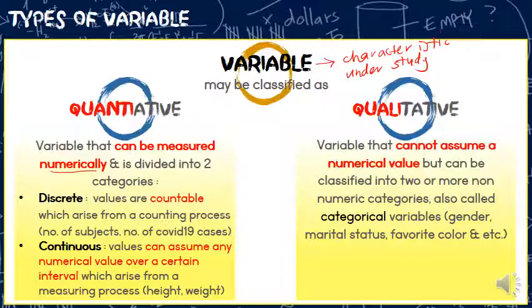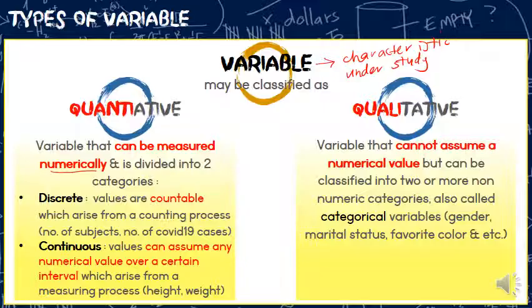Berapa subjek you ambil last semester? 6 subjek. 5 subjek. Okay, discrete. Dia tak boleh jadi point form. Okay, I ask you, how many cars do your family own? Berapa bilangan kereta yang family awak ada? 2 kereta, 3 kereta. Tak boleh jadi 2.5 kereta. No, there is no such thing as that.